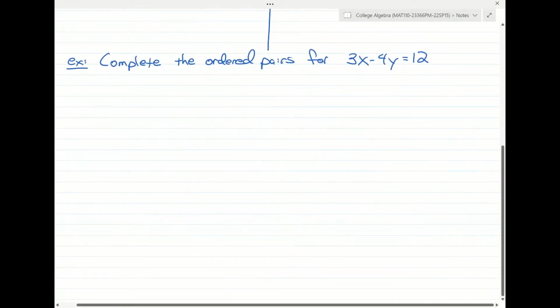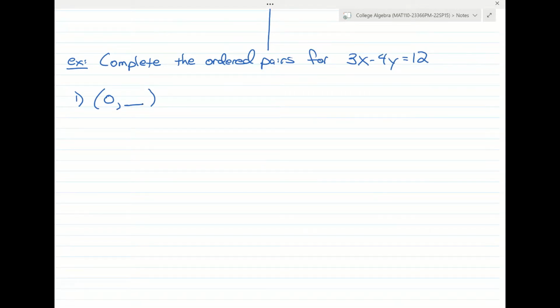So I have four of them. First one is, let's say we have 0 and then a blank. What this is saying is when x is 0, what is y?